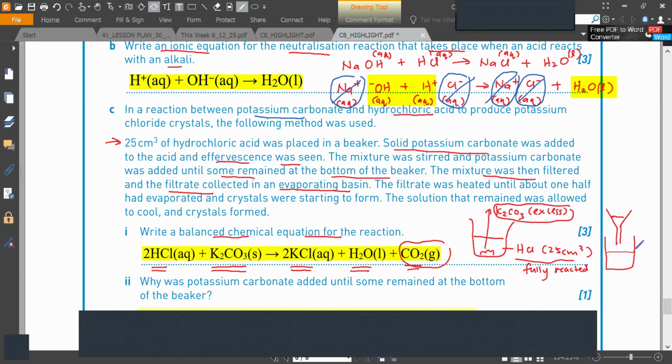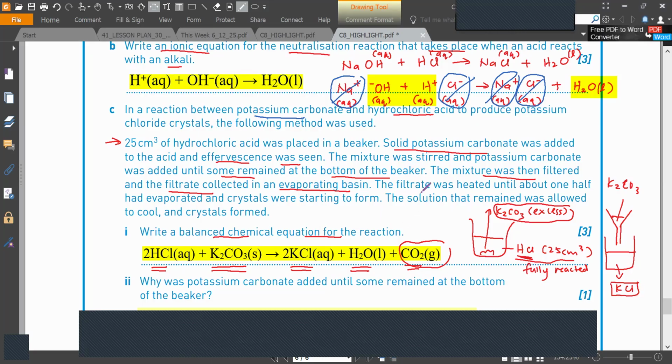If we filter, we will collect the unreacted potassium carbonate, and the hydrochloric acid has already fully reacted. So we are left with the potassium chloride here, which is our product.